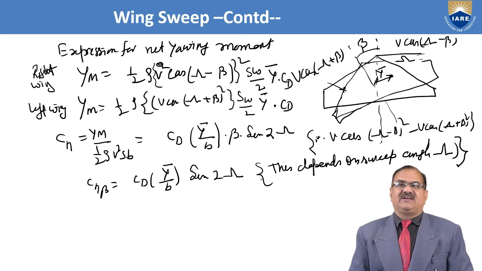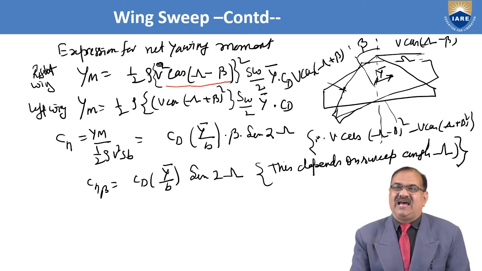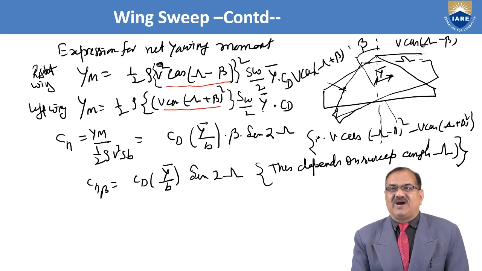The expression for the net yawing moment for the right wing: the yawing moment Ym is equal to half rho V squared cos squared(sigma minus beta), with the reduced angle of attack due to sweep, times Sw by 2, which is the half area of only one side, into Y bar into CD. For the left wing, it is a plus: V cos(sigma plus beta) squared, Sw by 2, into Y bar into CD.